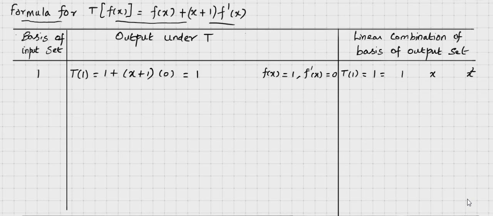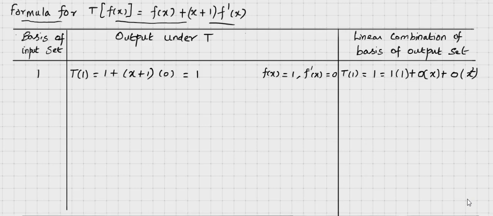I should write 1 as a linear combination of 1, x, x square, which means we just have to fill in the coefficients. So what will be the coefficients? Here it will be 1, here it will be 0, and here also it will be 0. So 1 can be written as a linear combination of 1, x, x square in this manner.